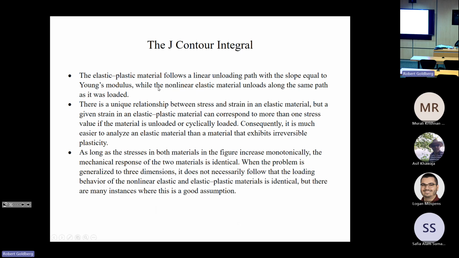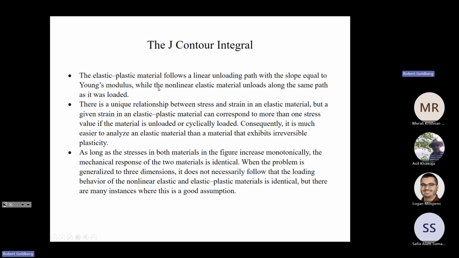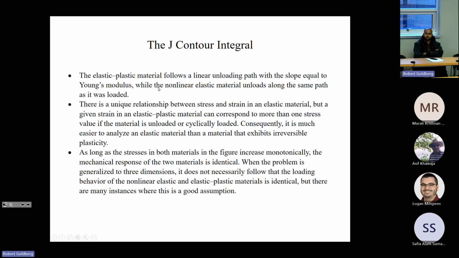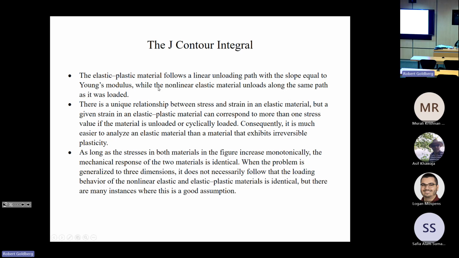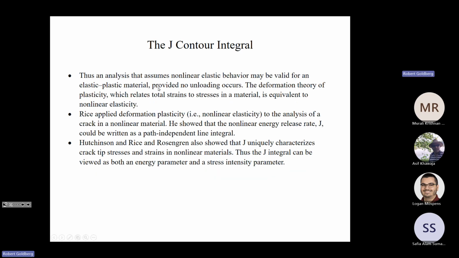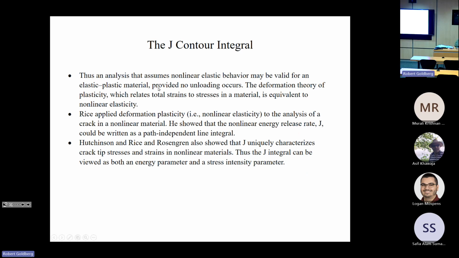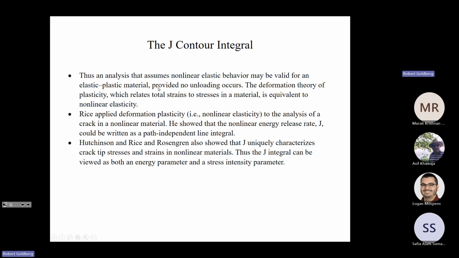When the problem is generalized to 3 dimensions with various forms of multi-axial stress states, it doesn't necessarily follow that the loading behavior of the nonlinear elastic and elastic plastic materials are identical, but there are many instances where this is a reasonable assumption.